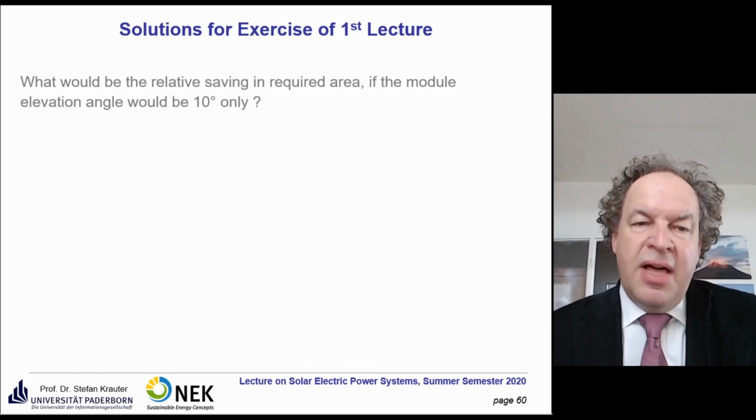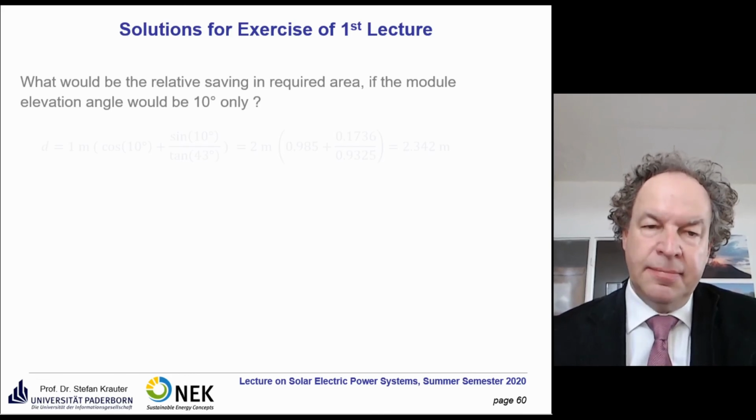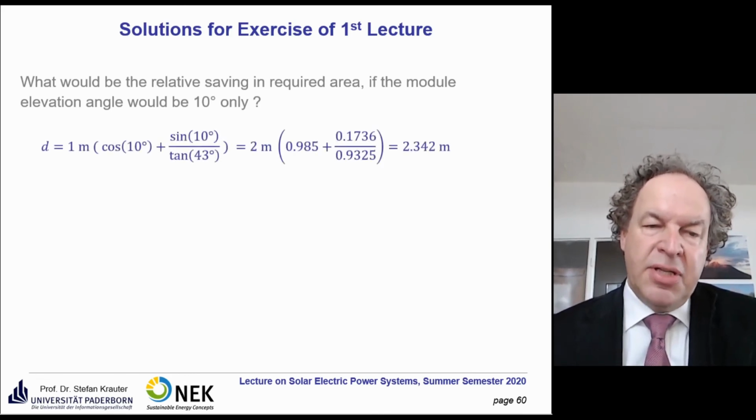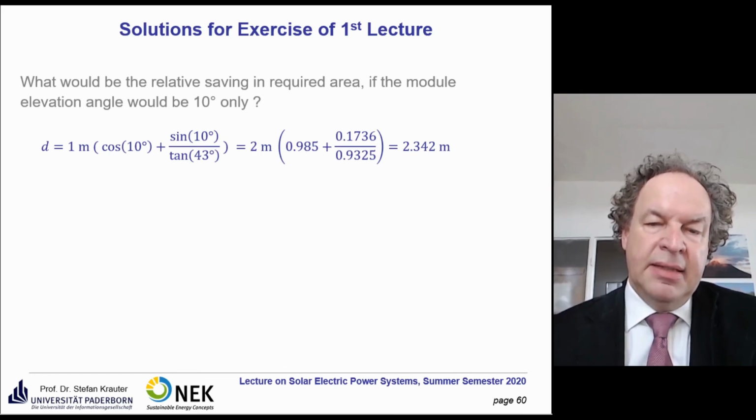So what would be the relative saving in required area if the module elevation angle were only 10 degrees? So we just put in the number: gamma E is now 10 degrees, and if we put that in, we have the distance we have to keep, if the module is now at 2 meters, of 2.342 meters.